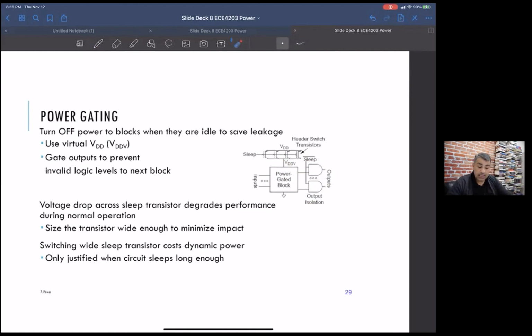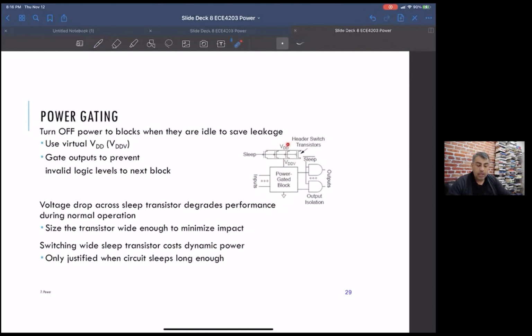And then the second thing, there's also a penalty in that when you want this block to be on, you have this extra resistance from these PMOS transistors in the path of your supply. So when you're on, it's not as efficient as if you're directly connected to VDD.